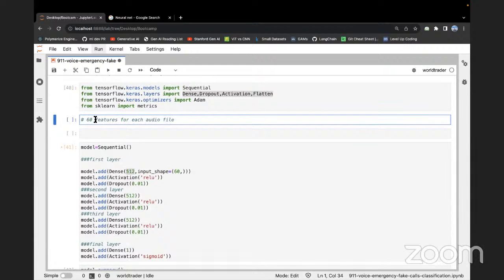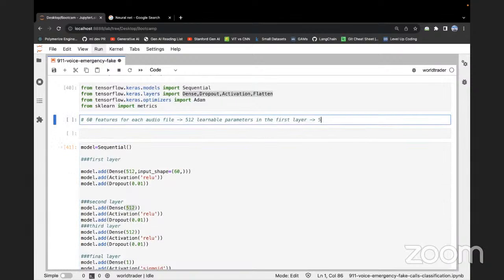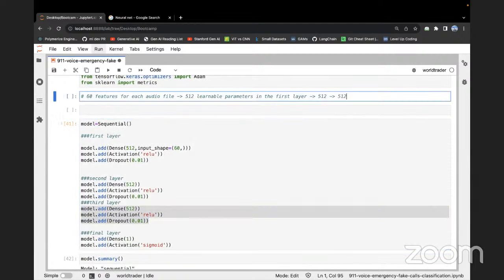These 60 features will be connected to 512 learnable parameters in the first layer. These 512 are again connected to 512 in the next layer, and finally to another 512.